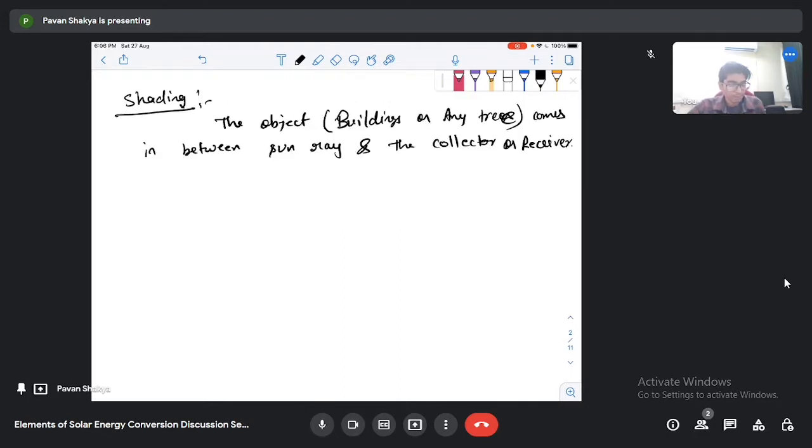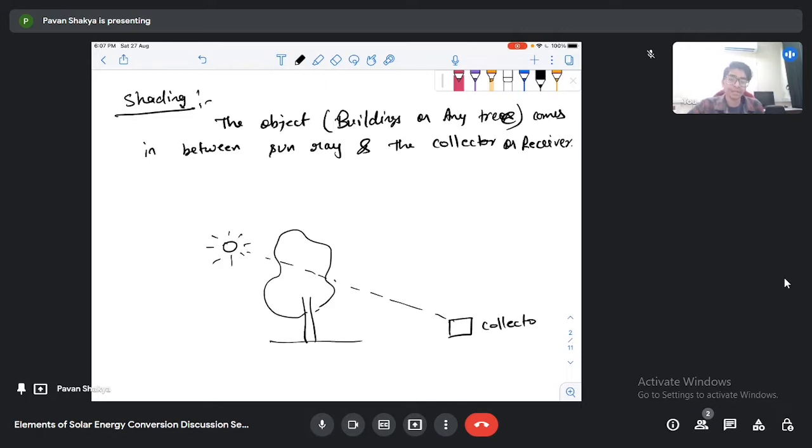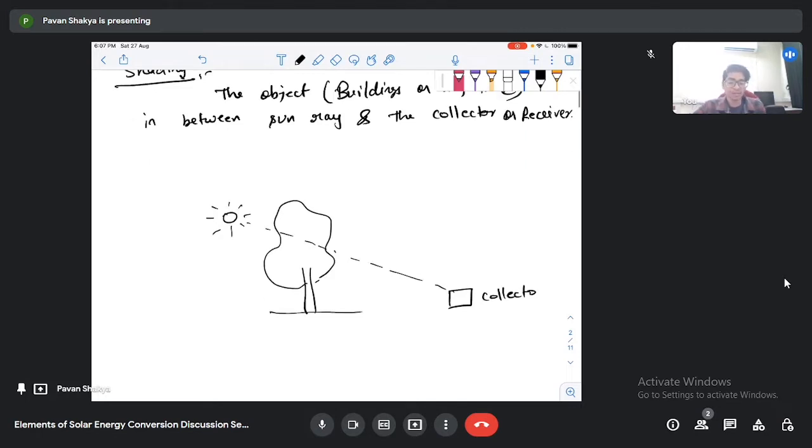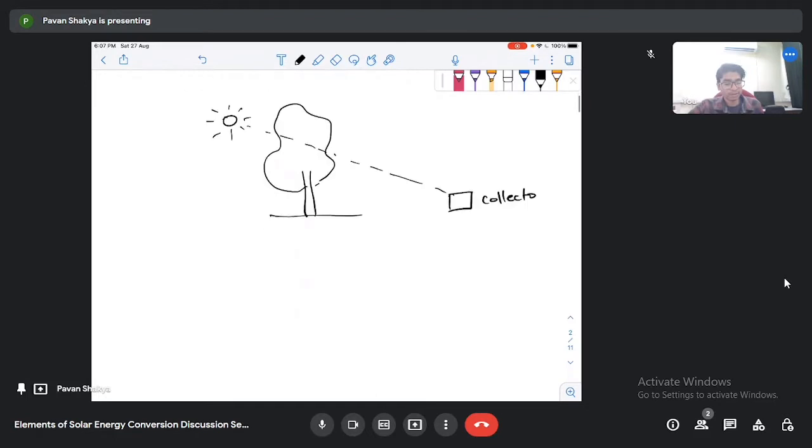Suppose this is my collector and this is the sun ray. If there is no object, then this sun ray will come directly. But if there is any object in between the sun ray and the collector, like this tree, then there will be shading. So this is the basic concept of shading.